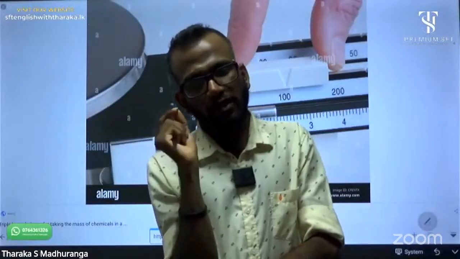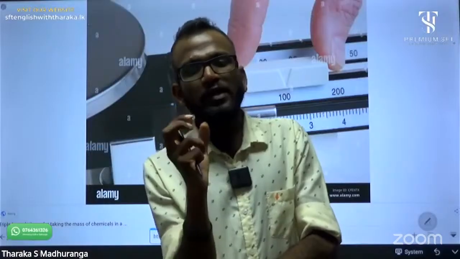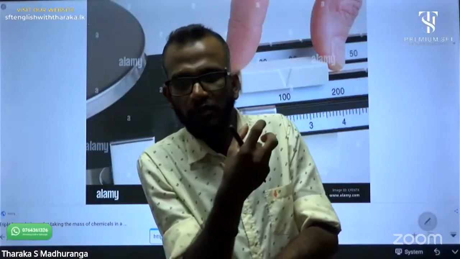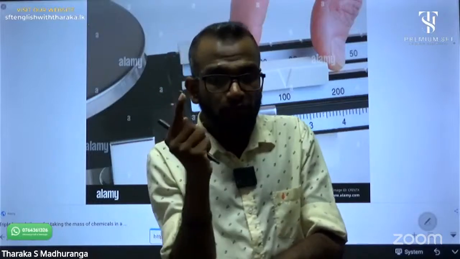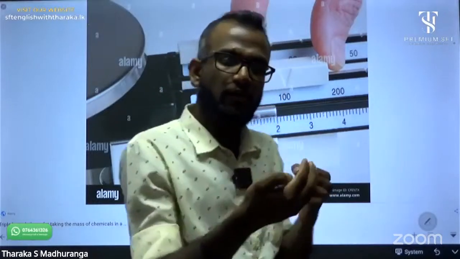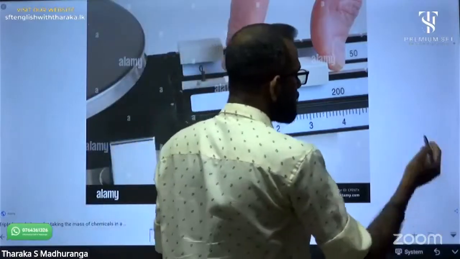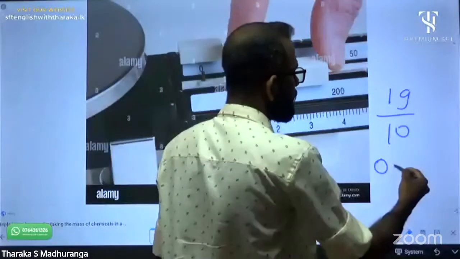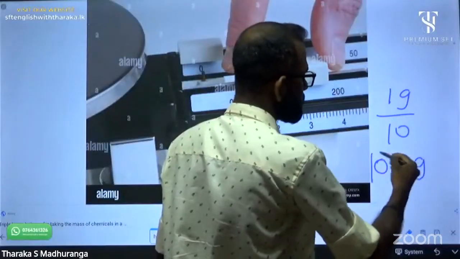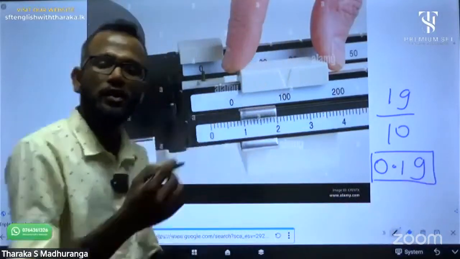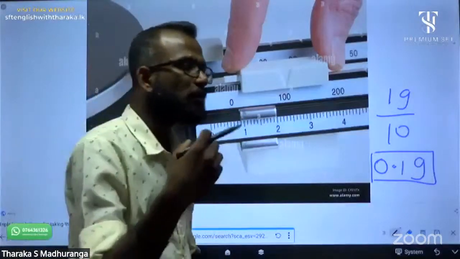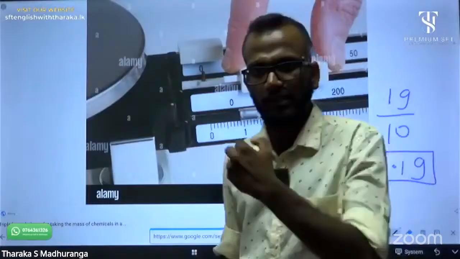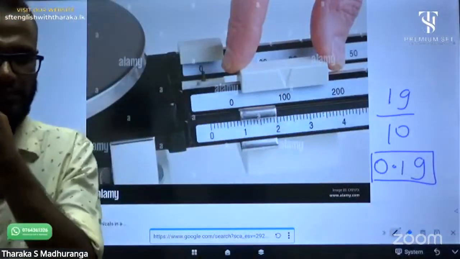That means the least count, the minimum reading that can be accurately obtained by this instrument, is 1 gram divided by 10, which is 0.1 gram. Remember, 0.1 gram is the least count of this triple beam balance. Understood?